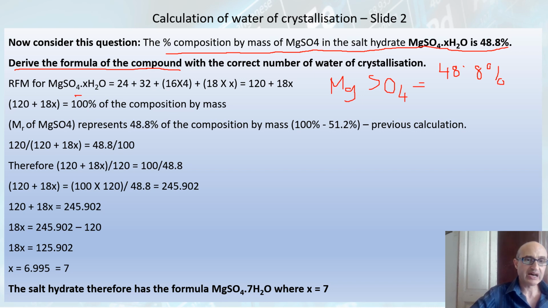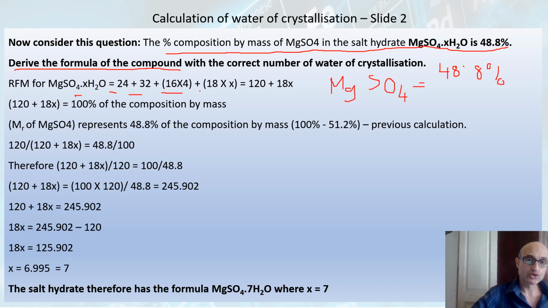Once again, I do know that I have 1 magnesium, 24, 1 sulfur, 32, and 4 oxygen, 16 by 4. When it comes to water, we know that the relative molecular mass of water is 18: 16 from the oxygen and 2 from your 2 hydrogens.